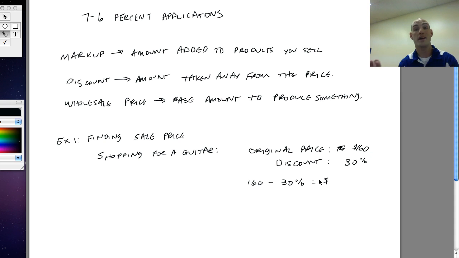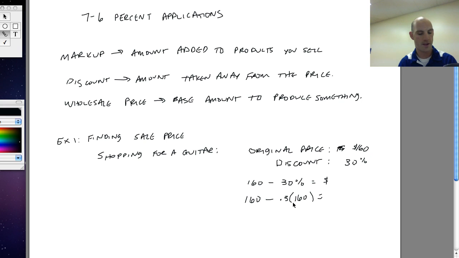Well, we need to figure out what is the actual discount. And so what I'm going to do is this. If we are going to try to put this into our calculator, right? Let me grab my calculator real quick. What I can do is I can turn that percent into a decimal to multiply. So $160 minus 0.3 times 160 equals my sales price. Because if I take 0.3, that's 30% as a decimal, and I multiply that by 160 and then subtract it, that's my sales price.